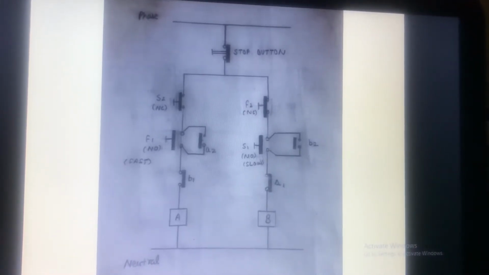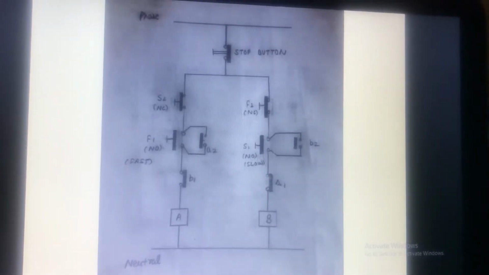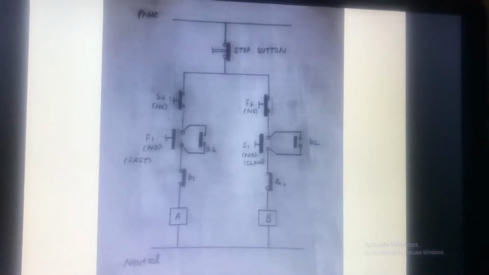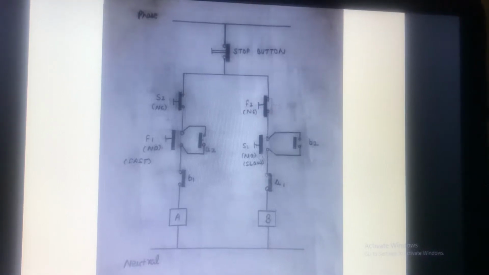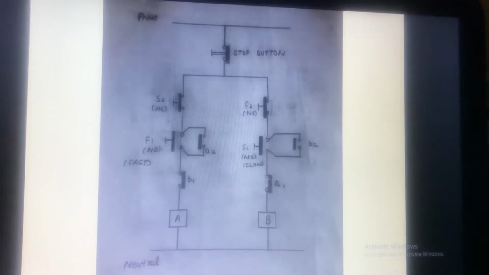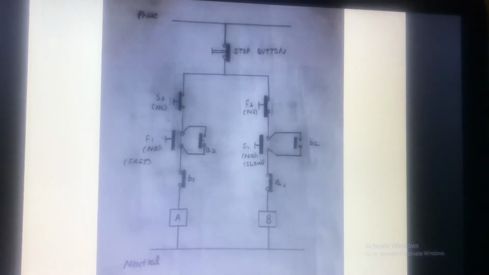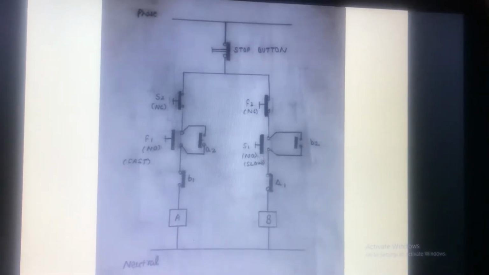So by varying this synchronous speed, we can vary the speed of the induction motor. So speed is inversely proportional to the number of poles. By increasing the number of poles on the stator winding, we can decrease the speed, and by decreasing the number of poles, we can increase the speed, and vice versa.